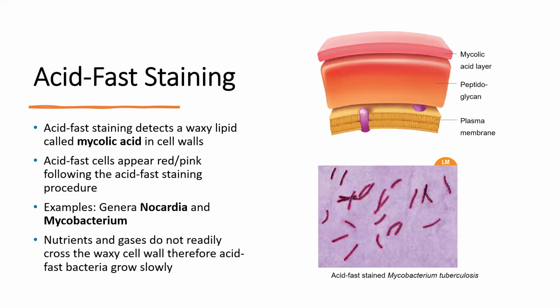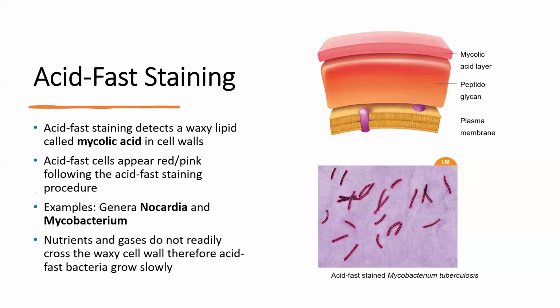Again, the reason this is important clinically is that a lot of things won't pass through that mycolic acid layer, making it difficult to identify them with the normal methods that we use for other organisms.